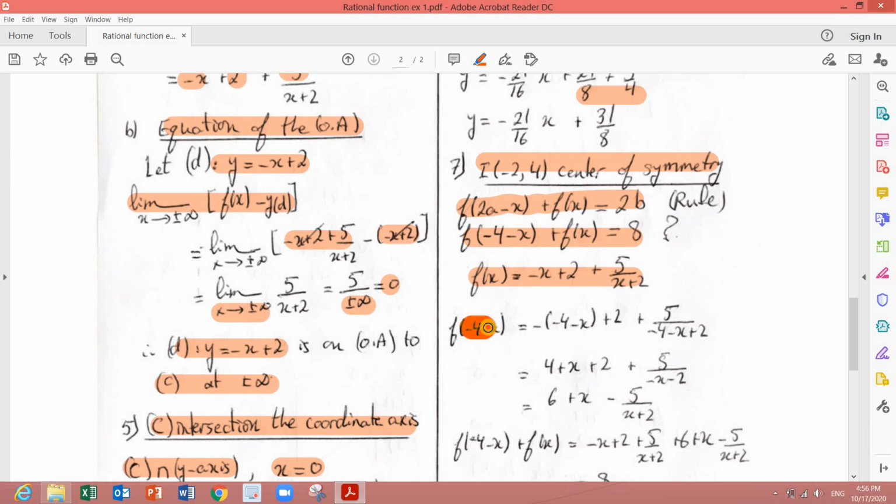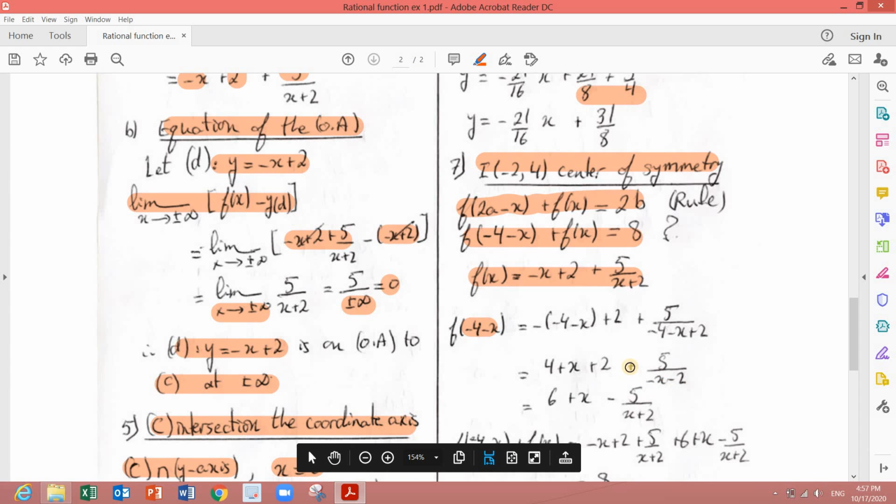F of minus 4 minus x: each x in f of x is replaced by minus 4 minus x. 2 remains 2, 5 remains 5, and this x here is replaced by minus 4 minus x plus 2. We remove the brackets: 4 plus x plus 2 plus 5 over minus x minus 2. 4 plus 2 is 6, so we get x plus 6, and minus 5 over x plus 2.